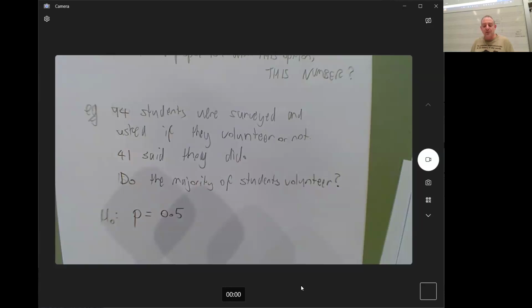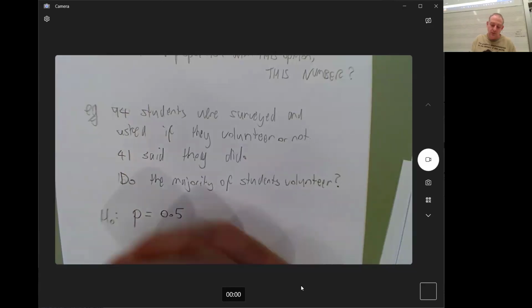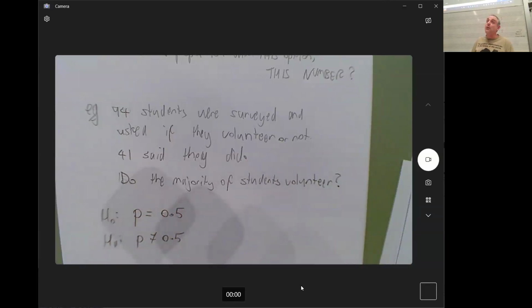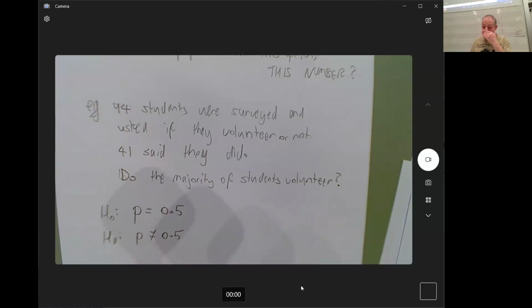Theoretically, my question is is it more than 0.5? But you cannot ask a hypothesis test question without picking a number. So it has to be equal to something. And my alternative is that it's not 0.5. Technically, I really want to know if it's more than 0.5, but I would be just as surprised if it was less, if it really was 50%. So I'm going to just leave it at that.